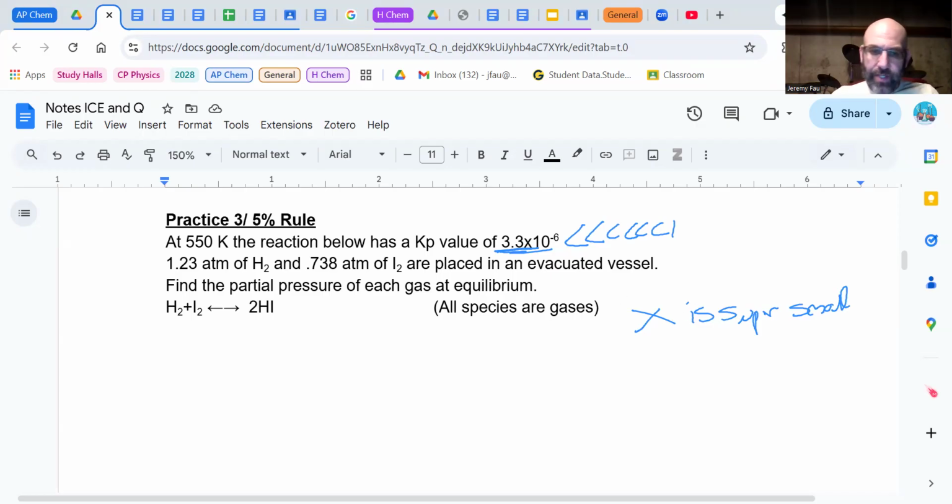So here's what we can do. We set up our problem just like before. So this is the H2, this is the I2, this is the HI, this is 2x, this is minus x, this is minus x.